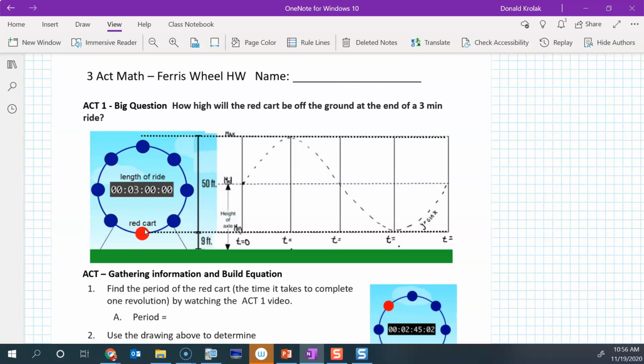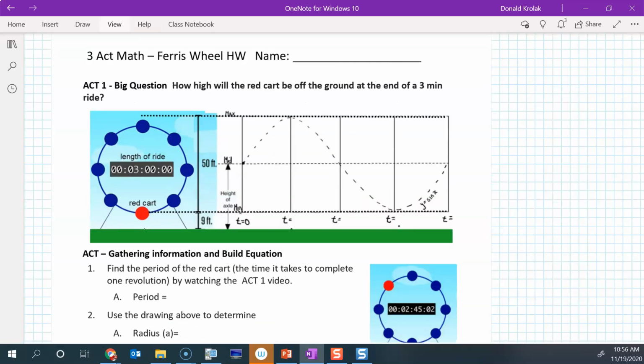Okay. Now, just the dimensions on this, so that you understand what they are. You're not told what the midline is. You're going to have to figure that out. You're told that from the ground up to the red cart is 9 feet. That's this right here.